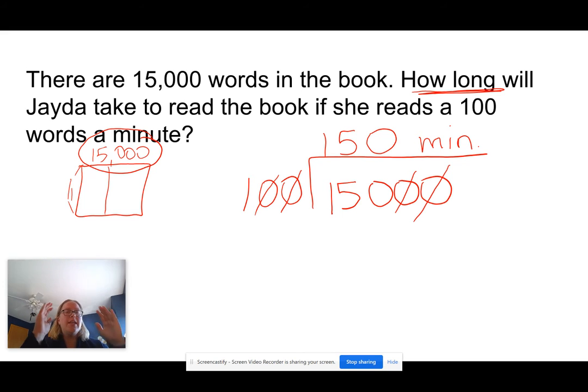So you have to think about, do I have my total, and what am I looking for? In this case, I want to find out how many minutes, and so I have to divide because I don't know how many minutes there's going to be. Let's try another one because I know this is a little bit confusing.